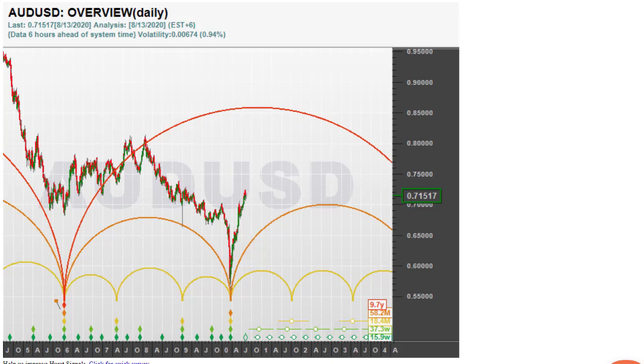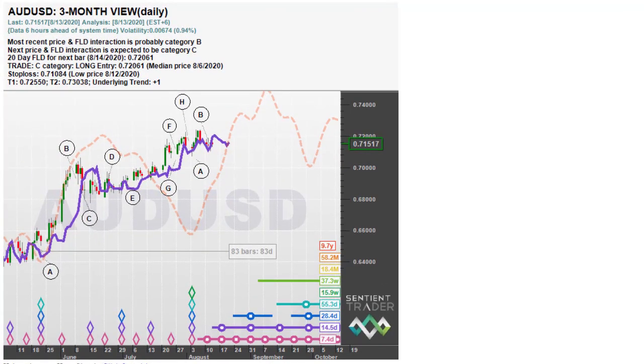And if we go back to the 3-month cycle trough, you can see there is the 20-week cycle trough. If you watched my recent market update, which I posted last week, I was speaking about the fact that the 20-week cycle trough was due in stock markets, and also in the Australian dollar, because it had a very similar big magnitude cycle trough at almost exactly the same time as stock markets around the world.